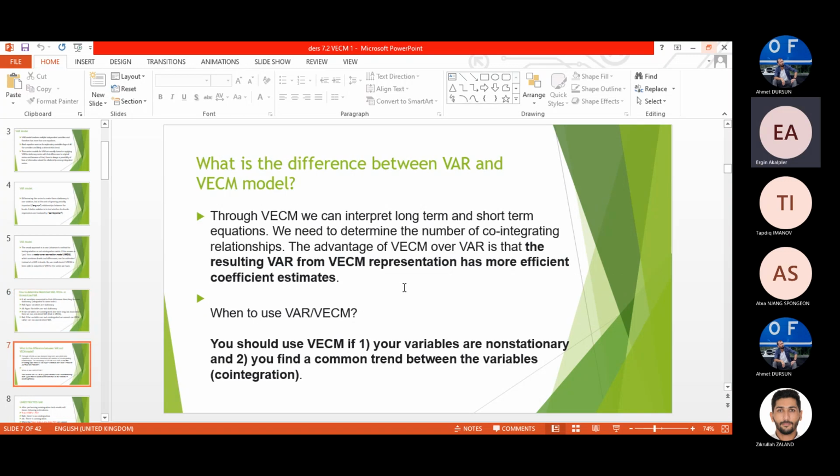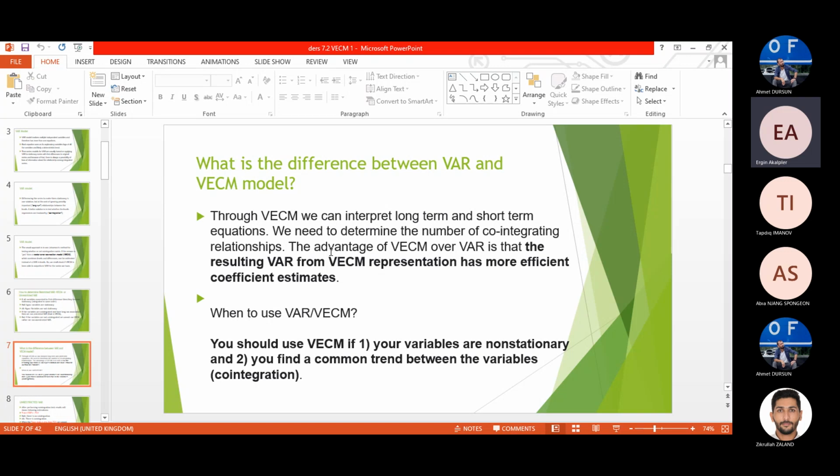So what is the difference between VAR and the vector error correction model is also important to know before performing this test. Through vector error correction, we can interpret long-term and short-term equations. We need to determine the number of co-integrating relations.